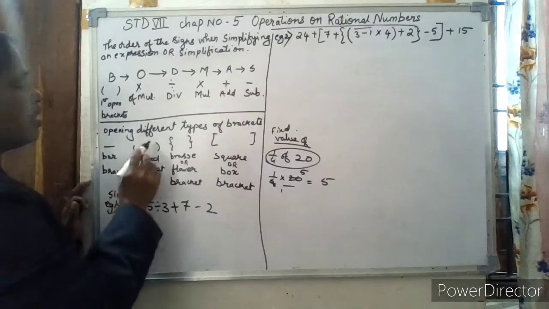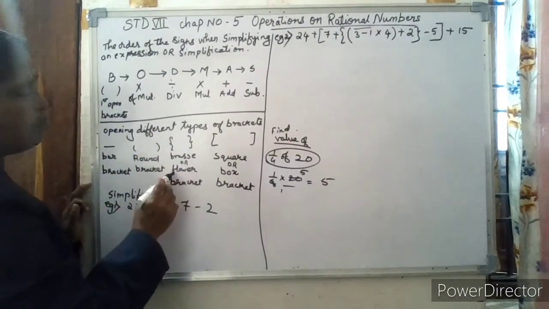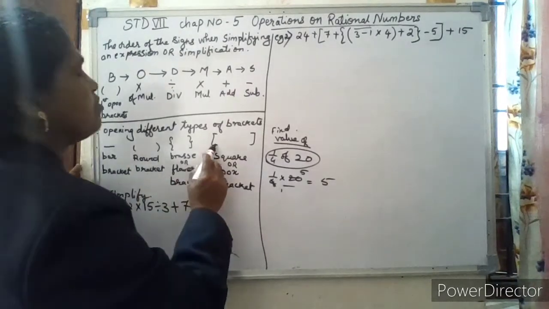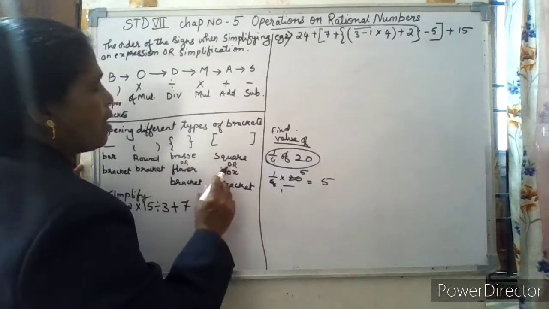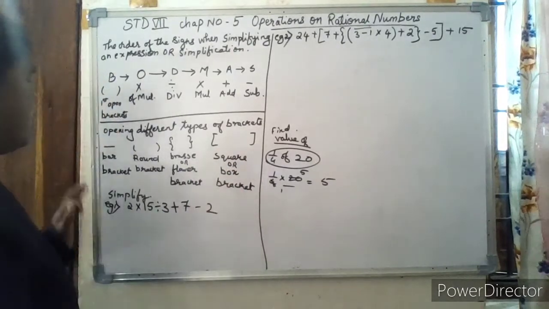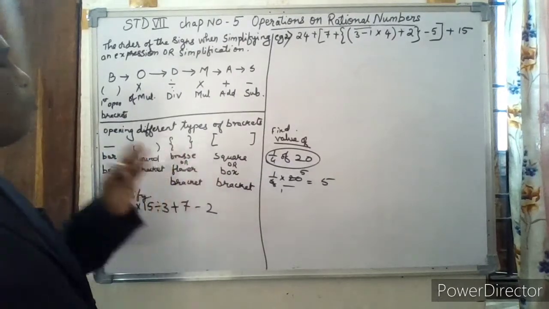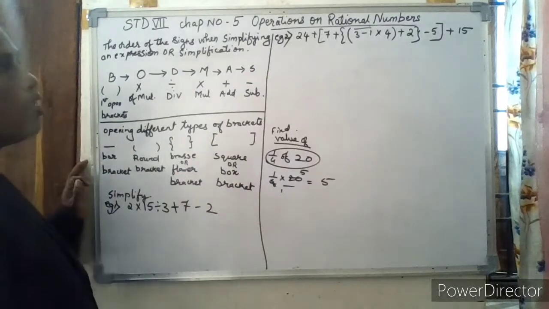Then comes the round bracket. This is called the brace bracket, or the flower bracket. Then comes the box bracket, or the square bracket. These different brackets we have to open one by one to simplify a given question.